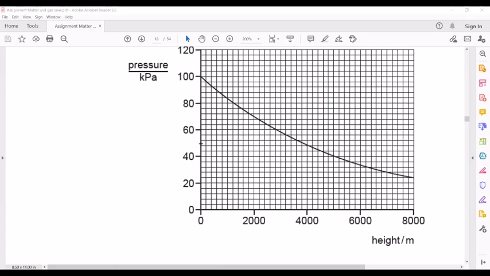So 50 will be between 40 and 60. You will draw a line and you can identify that height. Approximately each is about 200, so it will be 3,800 meters.